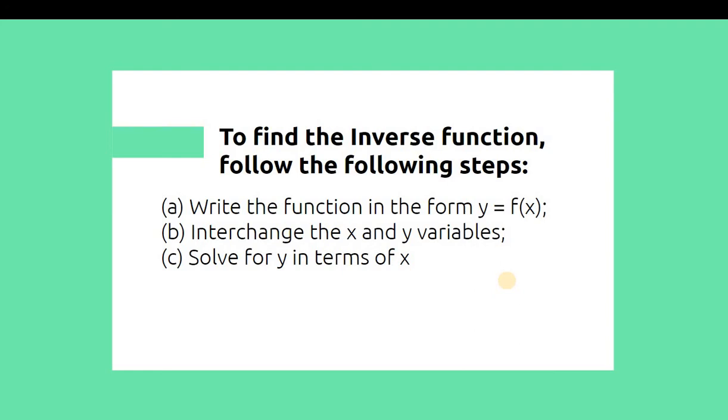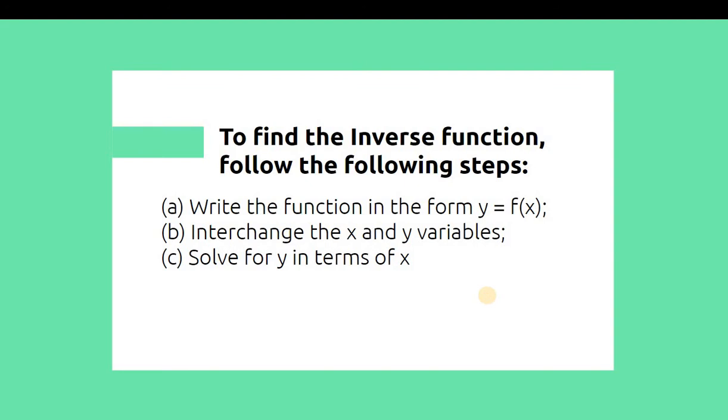A, write the function in the form y equals f(x). So, yung given natin na f(x), ang katumbas nun ay y. Okay? So, we will always solve for y. Next, B, is to interchange the x and y variables. So, pagbabaliktarin mo naman na daw yung x and y variables.